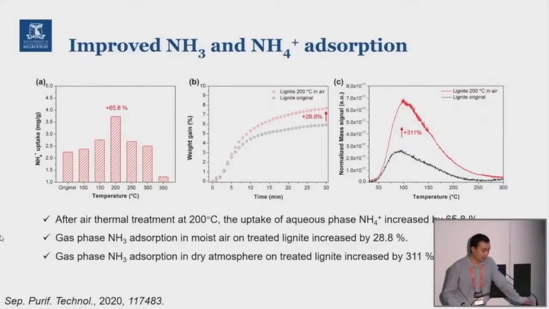The second figure shows that the gas phase ammonia absorption in moist air on treated lignite increased by 28.8%. And the third figure shows that the gas phase ammonia absorption in dry atmosphere on treated lignite increased by 311%. So basically, this result tells us that dewatering of lignite can enhance ammonia absorption, and 200 degrees C is the optimal temperature.